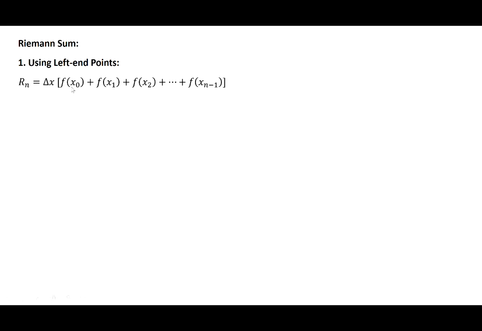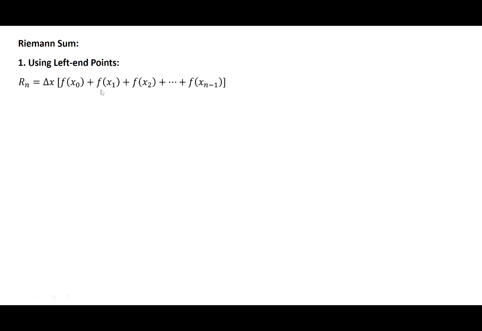Well, for the first rectangle, would you agree that the left hand point was x sub 0? And so, what did we say the height of that rectangle would be? Whatever is the function's value at that left end point. So f of x sub 0 is nothing but the height of the first rectangle. And we need to multiply the height by the width. Width is nothing but delta x.